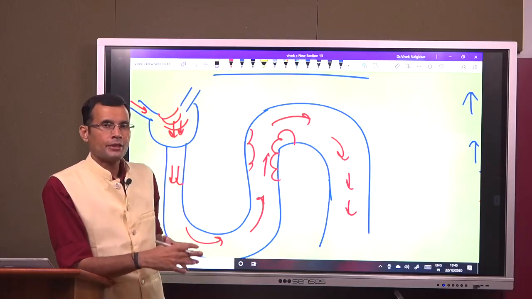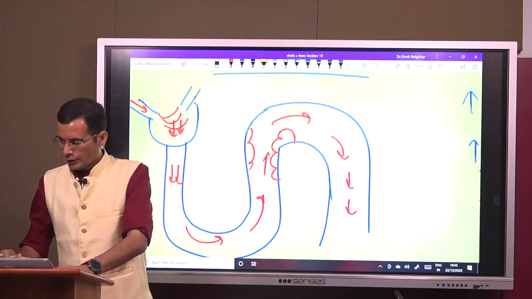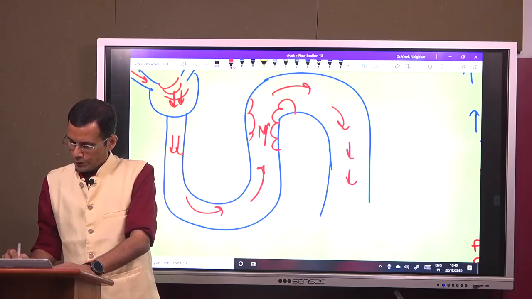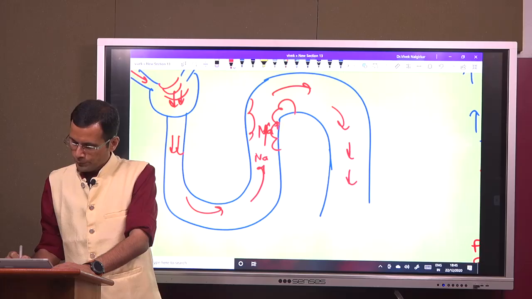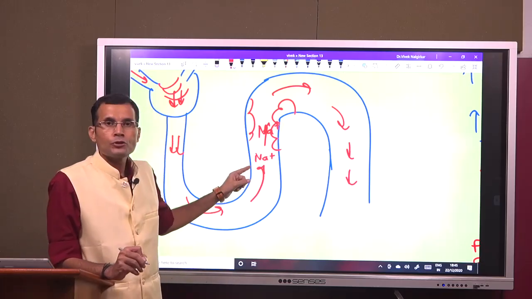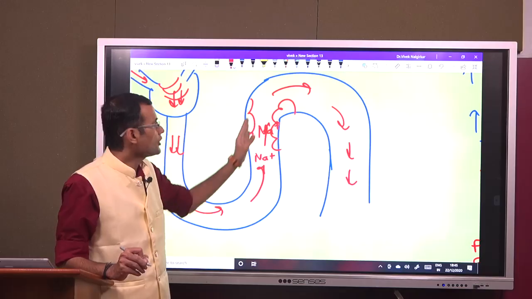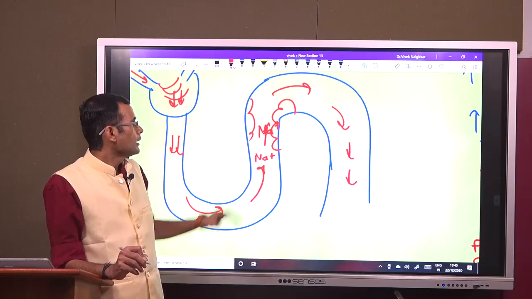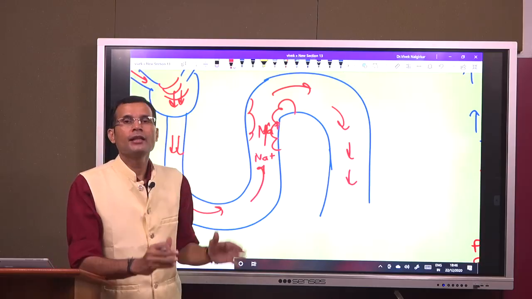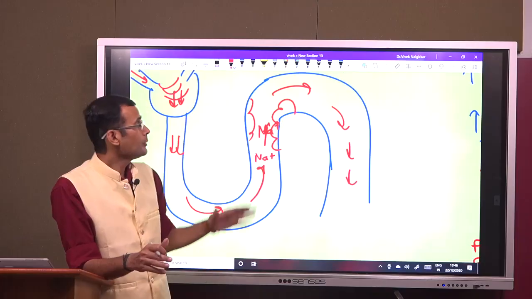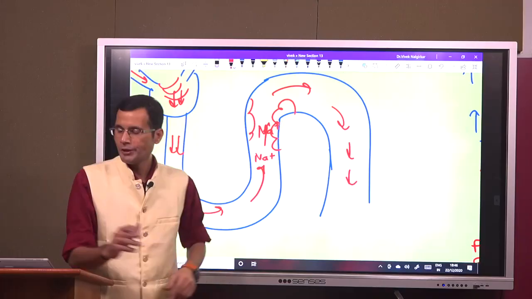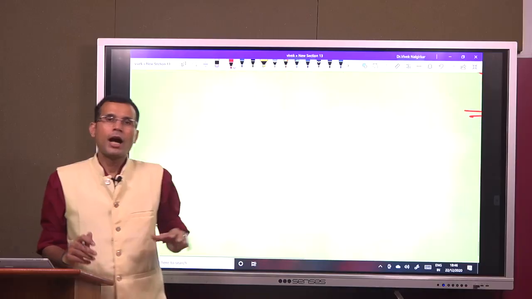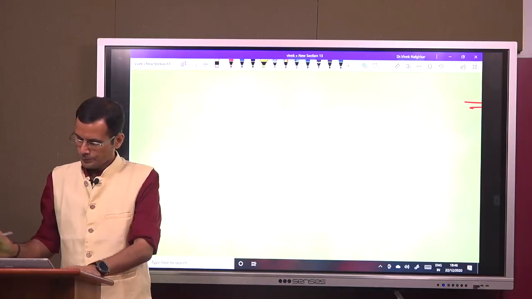How is it prevented? Look, as I mentioned just now, sodium is reaching the early DCT. Now, these macula densa cells are going to be responsible for tubuloglomerular feedback. How do they achieve this?